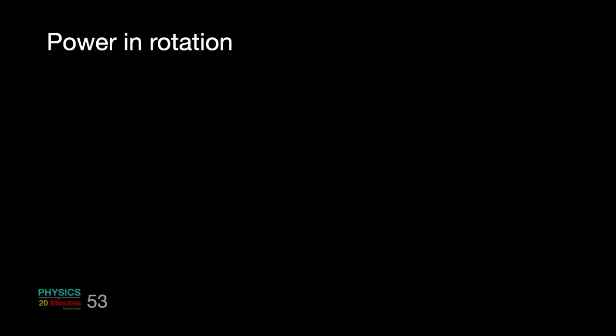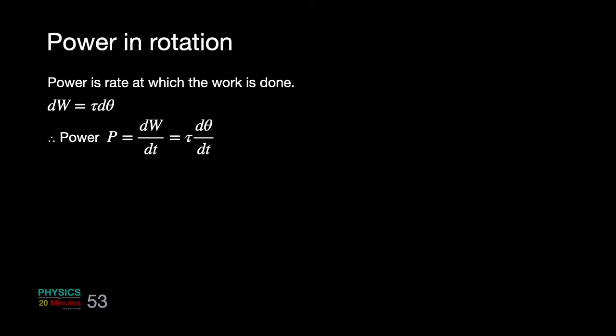How about power? Now, how do we define power? We define power as the rate of work done, or the rate at which the work is done. So if the work done dW is tau into d theta, then the power P is dW by dt, which can be written as tau into d theta by dt.